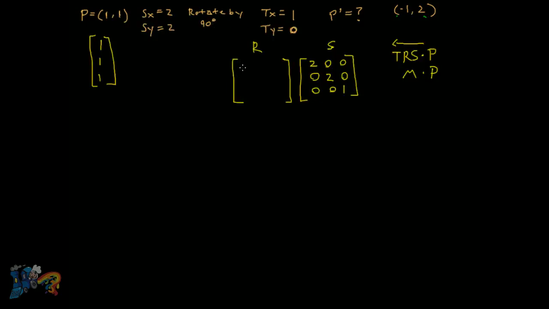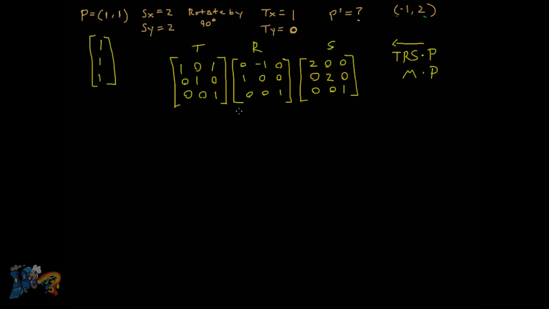Well, this is going to be cosine of 90, which is 0, minus sine of 90, which is -1 and 0, and then sine of 90, which is 1, and cosine of 90, which is 0, and then 0, 0, 1. And translate. Here's our A and our B, our T of X and our T of Y, which is 1 and 0. So here are our 3 matrices.